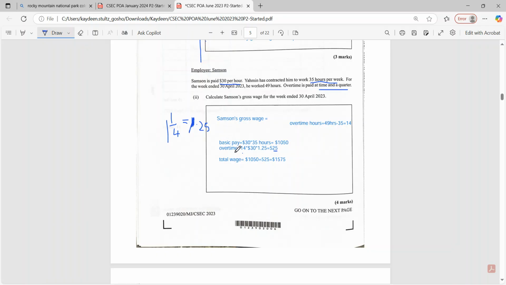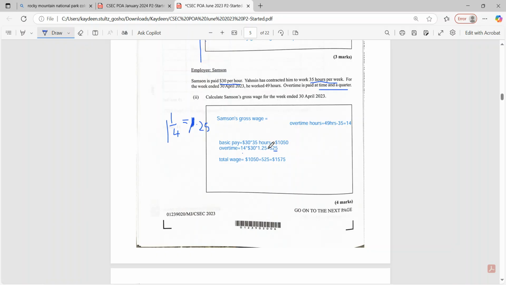Now you're going to calculate his overtime pay. So his overtime pay would be his 14 overtime hours multiplied by the $30, which is his normal pay, multiplied by the 1.25. And in this case, I put 1.25. So we know that a quarter is equal to 0.25. So a time and a quarter would be 1.25.